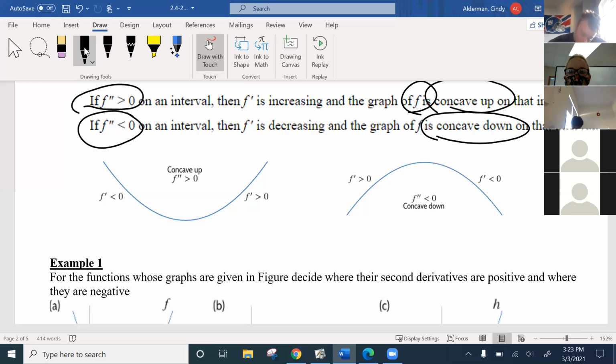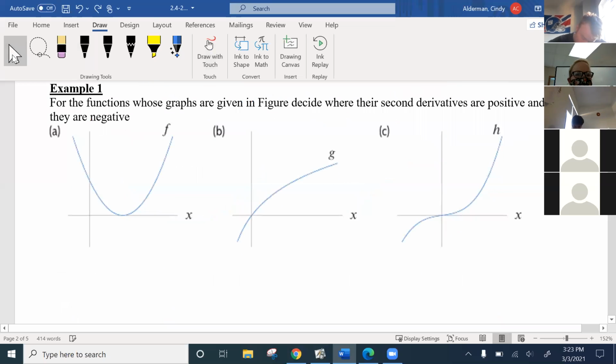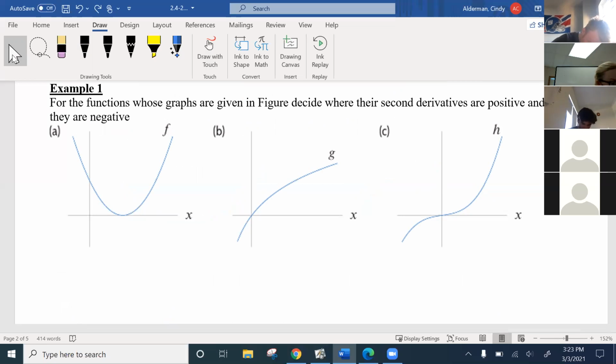All right, so let's go to this. Okay, so for here, this is concave up, right?